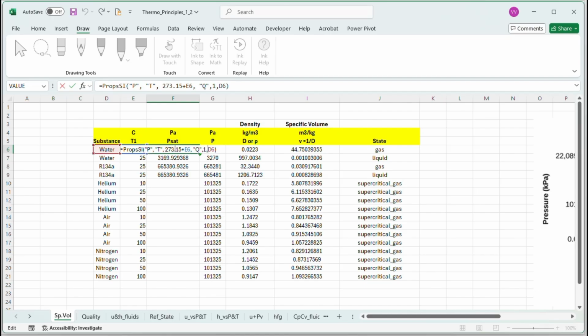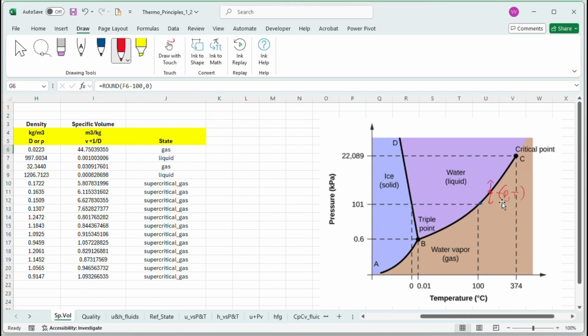So using this, you get the saturation pressure in Pascal of water at 25 degrees C. And then I subtracted 100 pascals from that to get a pressure below the saturation pressure.